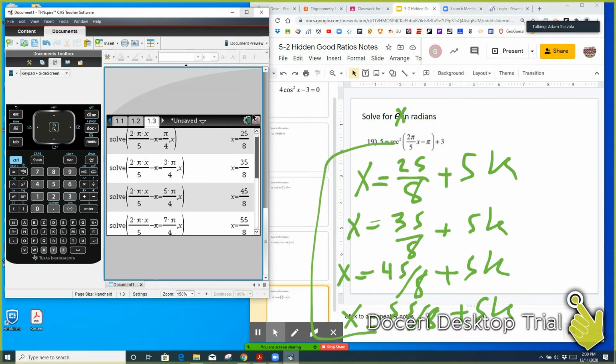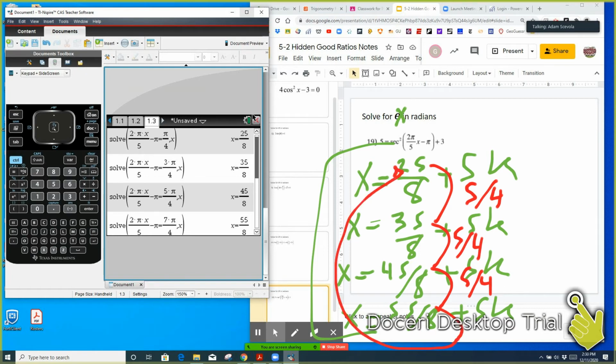You could express this more simply because if you notice, it repeats every 1.25, or 10 over 8, which reduces to 5 over 4. If we add 5/4, we get this number. If we add 5/4, we get that number. If we add 5/4, we get that number. And if we add 5/4 again, we'll be back to adding a full period.